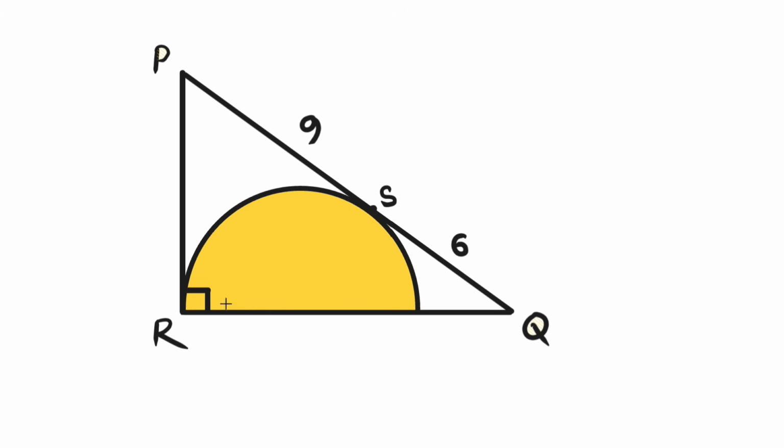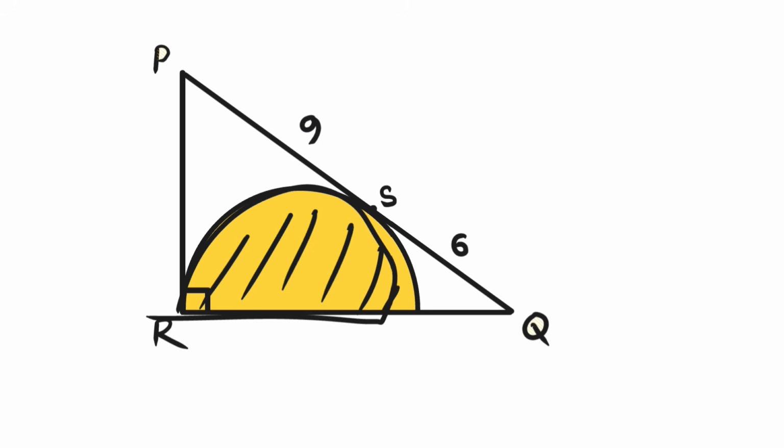We have a large right triangle, which I'll call triangle PQR, with the right angle at point R. Inside this triangle, there is a semicircle whose diameter lies along the base, RQ, and the curved part of the semicircle touches the hypotenuse PQ at exactly one point, which we'll call S. We're told that the hypotenuse is divided at S, so that PS is 9 units and SQ is 6 units. Our goal is to find the exact area of the shaded semicircle.